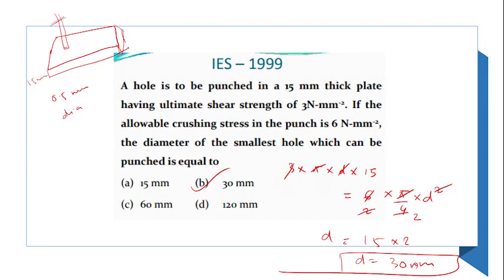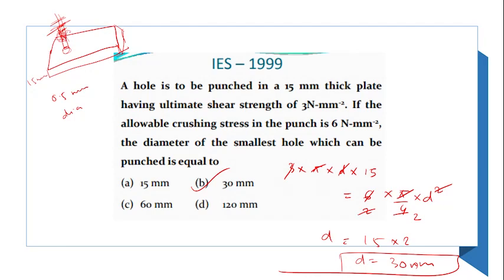And suppose the pressure which is required to make a hole by the shearing action is higher than the strength of this punch, because the dimension of this punch is very less now, right? So if the force which is required to make the piercing here is greater than the strength of this punch, then it will crush right in between.